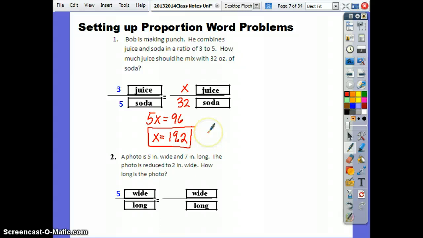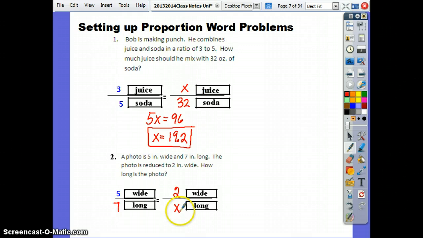A photograph. A photo is 5 inches wide, 7 inches long. See, I put the words here to keep my brain thinking in the correct way. Okay, so the photo is reduced to 2 inches wide. And how long is the photo? See how our variable x was up here in the numerator?